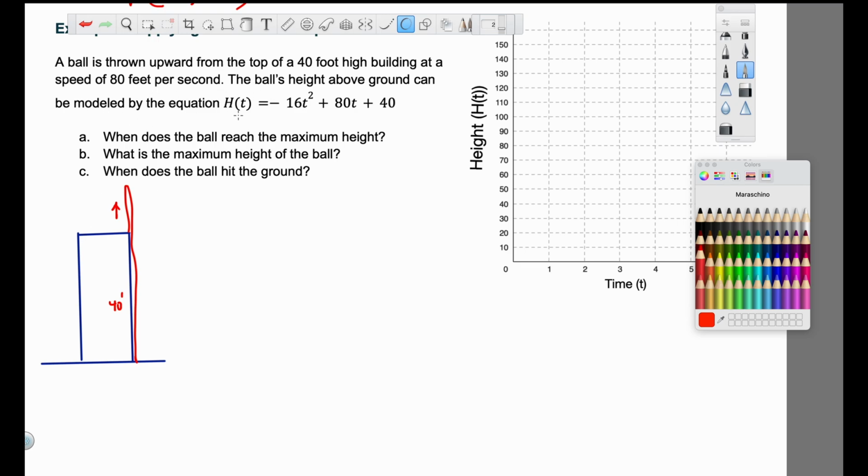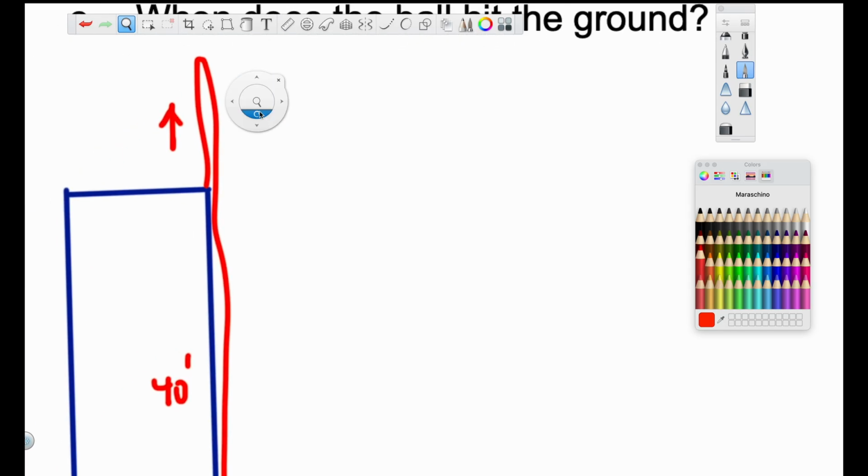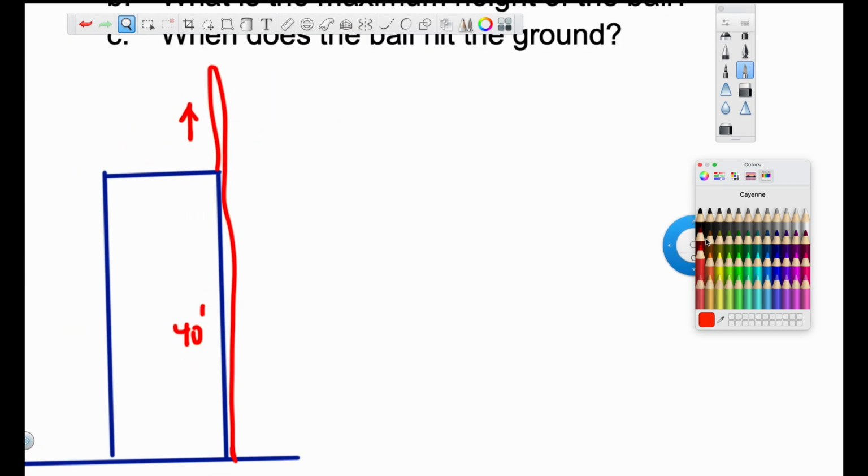And the height of the ball, h of t, is modeled by this equation. So as t elapses, our ball will be at different heights above the ground. Maybe at 1 second we're here, and then 2 seconds, 3, and then it's falling, and then it hits the ground.